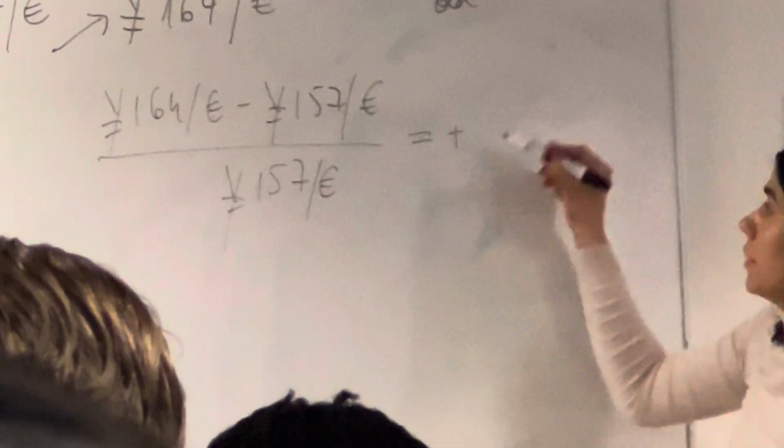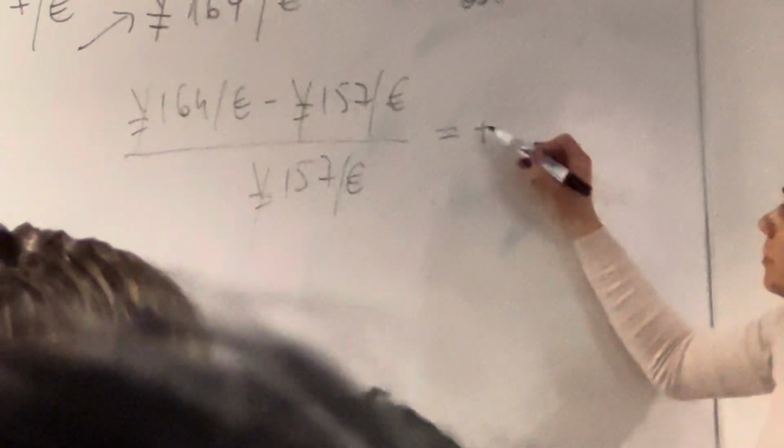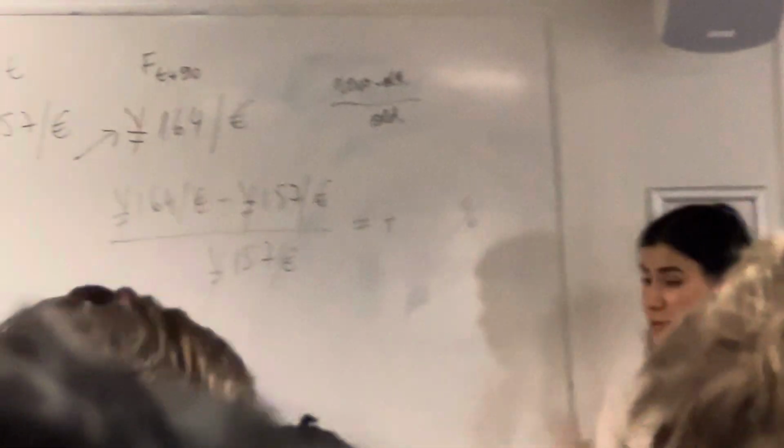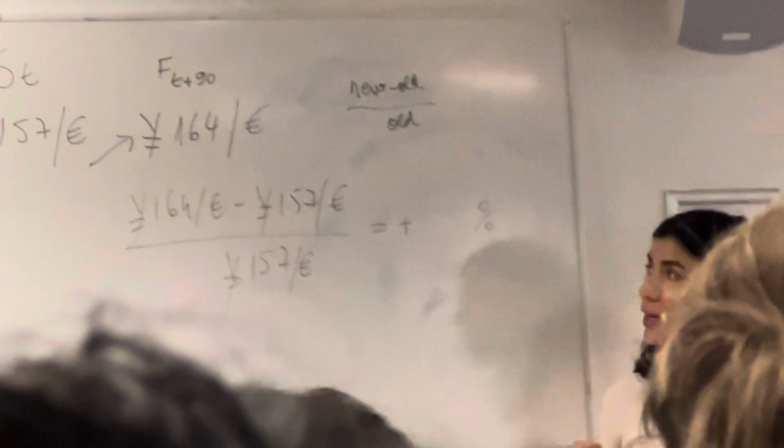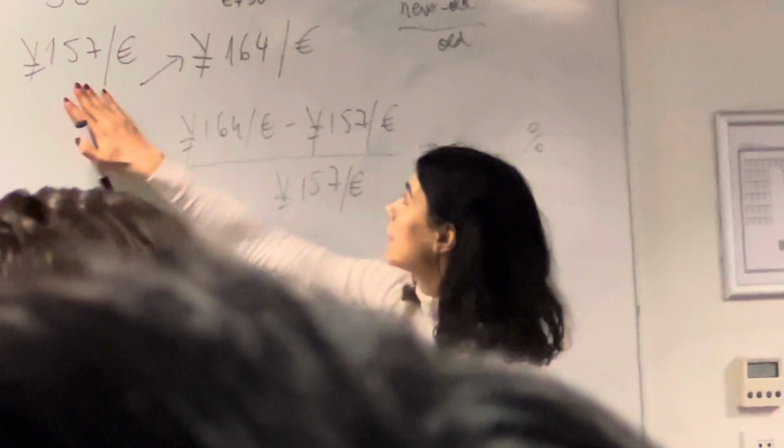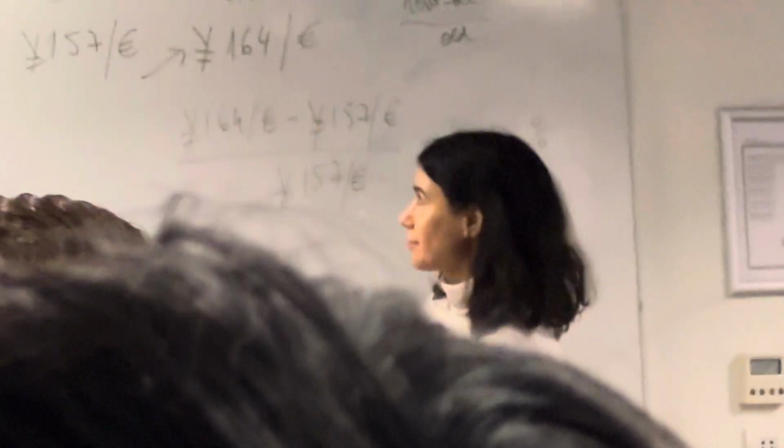Okay, so anyway, this number will be positive in percentage terms. Yes? And why is this important? Because these are two different markets: the spot market and the forward market.